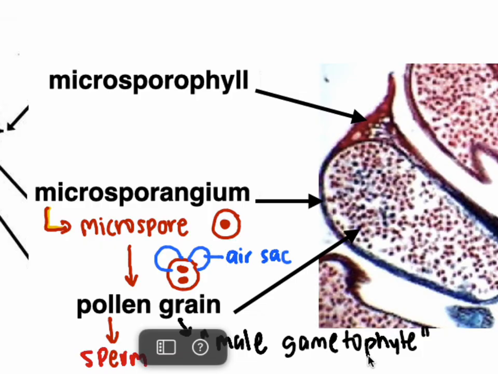Gametophyte is the one that produces sex cells, right? Pollen grain will later on produce sperm, and therefore you can think of pollen grain as the male gametophyte. And in this case, you can see that the gametophyte only has 2 cells. That's it. The gametophyte is super reduced.